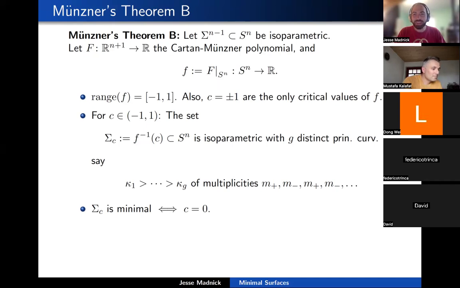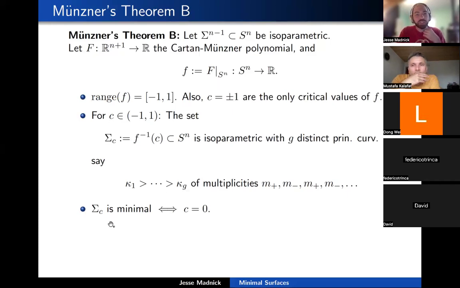The multiplicities could be 5, 7, 5, 7, 5, 7, or something like that. It could be the case that the multiplicities are the same, that m plus equals m minus. And in fact, that happens when g is, I believe, 1, 3, and 6. But for g equals 2 and 4, the multiplicities will alternate. Moreover, in this family of level sets, there's exactly one that's minimal, and that's the one corresponding to c equals 0.